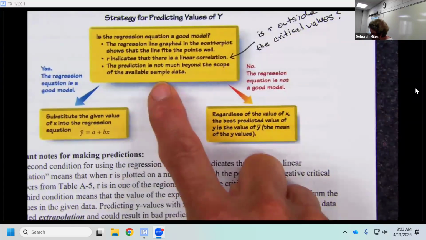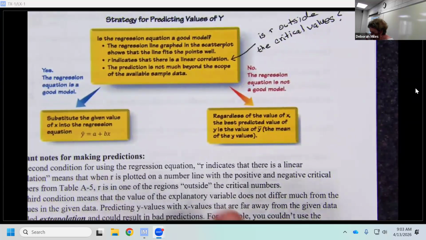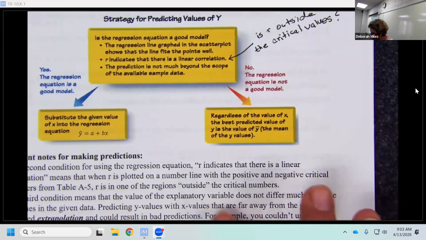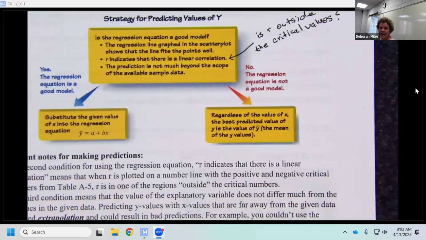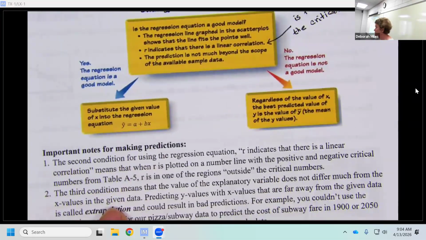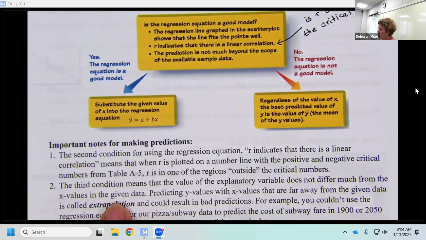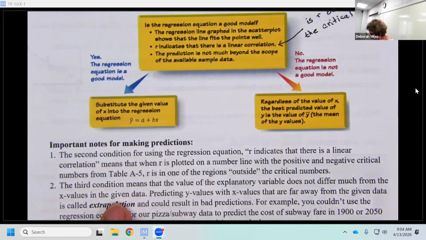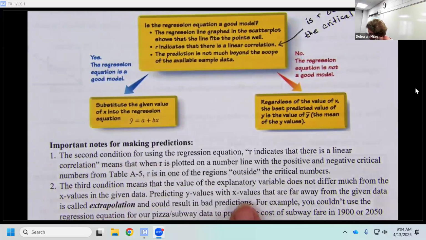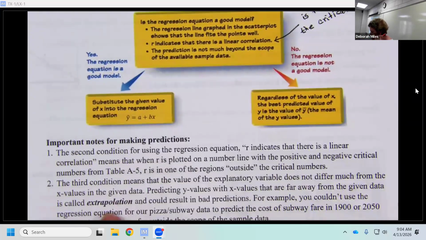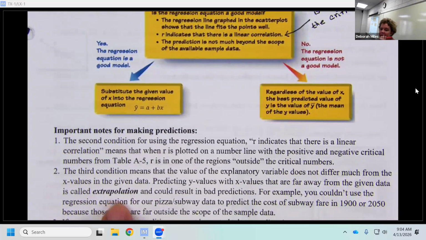The third condition means that the value of the explanatory variable, remember that's your X, doesn't differ much from the other X values in the given data. Don't use the baby's 0 through 12-month equation to predict how tall they're going to be when they're 18.